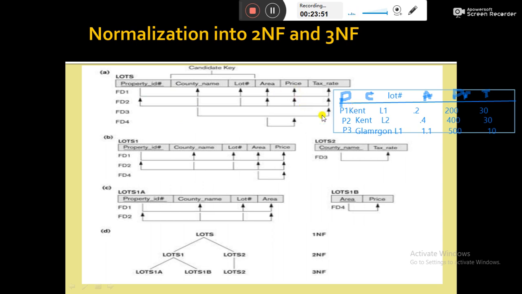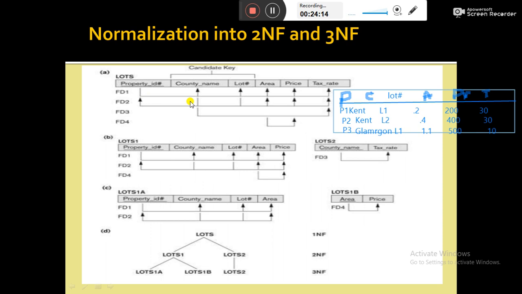For example, if you consider the first record, P1, for a particular record there is no repeating attribute or multi-valued attribute. All the attributes correspond to a single value. That means the relation is already in 1NF.